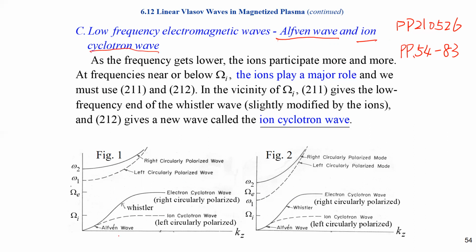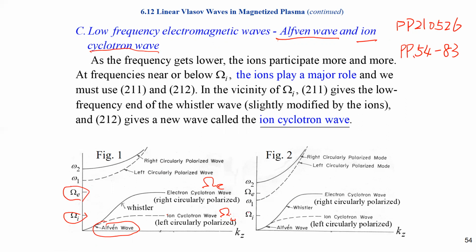So in this region is the Alfven wave, and here is the ion cyclotron frequency, omega I. That's omega E, the electron cyclotron frequency, and the ion cyclotron frequency is here.